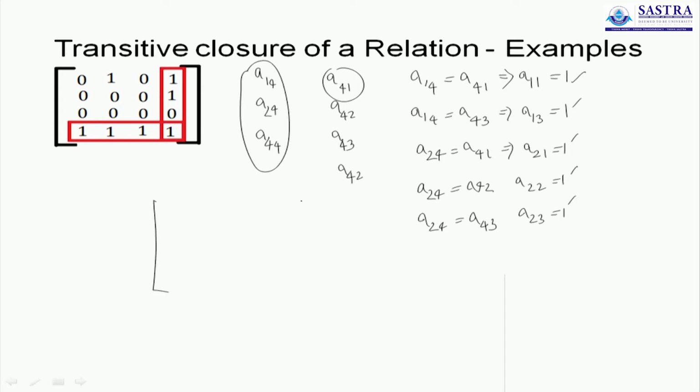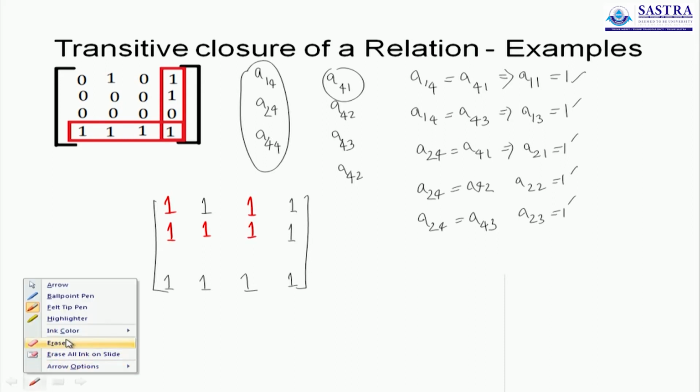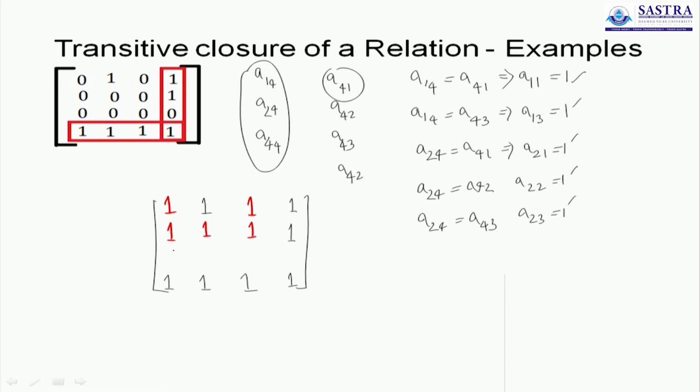Therefore, when we write down the matrix, let us write down what was already part of the matrix without disturbing any ones which were already ones. Now we are free to highlight whatever change we have made. A11 is 1, A13 is 1, 21, 22, 23, all of them are ones, and the third row is still unaltered.